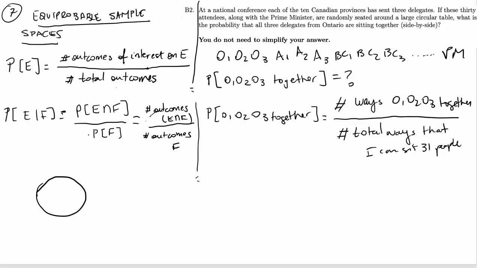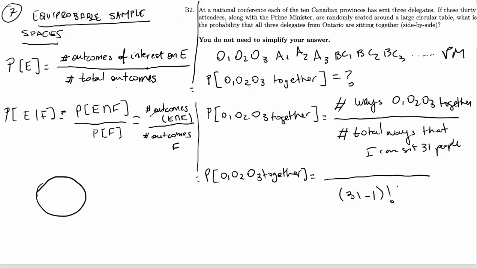What counts is if you look to the left and that person is there, and if you look to the right, that person is there. So you have to correct. The total number of ways that I can sit these 31 people is 31 minus 1 factorial. Circular permutation is not 31 factorial. You have to fix a first person to sit. It's 31 minus 1, so it's 30 factorial.